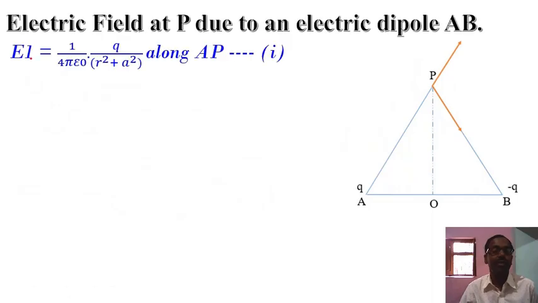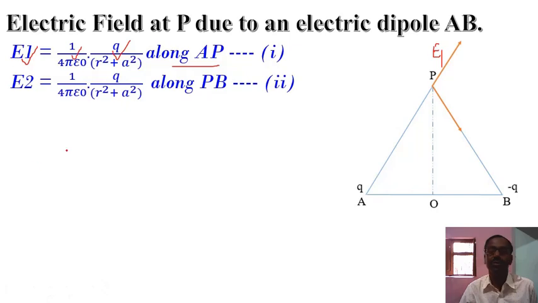According to Coulomb's law, E1 equals 1 by 4 pi epsilon naught, Q by r square plus a square, since the distance AP is the square root of r square plus a square, along AP.